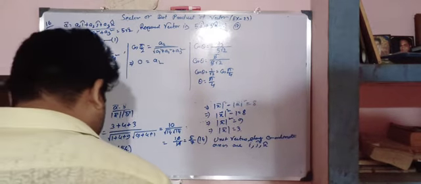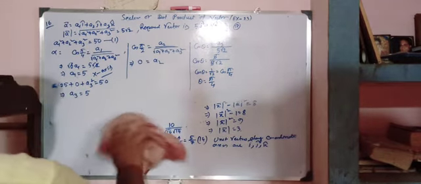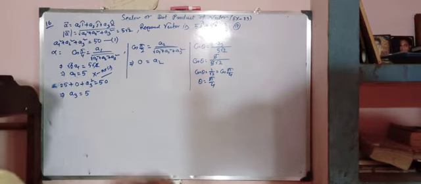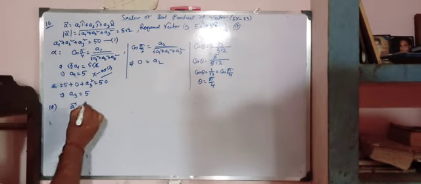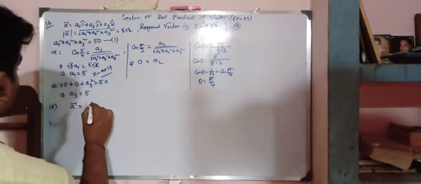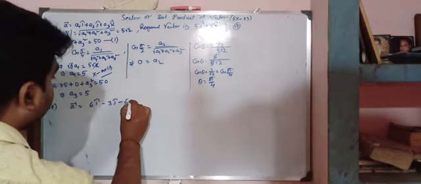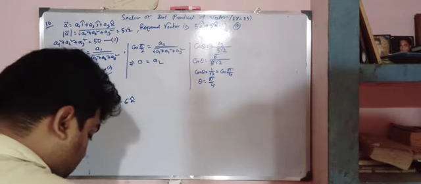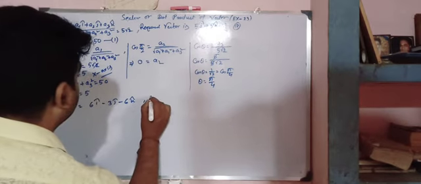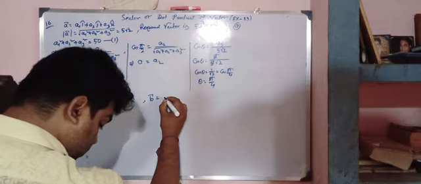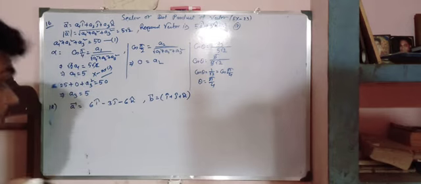Okay, so here it is given that, express a vector A, question number 18, A vector is equal to 6 i cap minus 3 j cap minus 6 k cap, as the sum of two vectors such that one vector is parallel to the vector B, B vector is equal to i cap plus j cap plus k cap, and another vector is perpendicular to B vector.